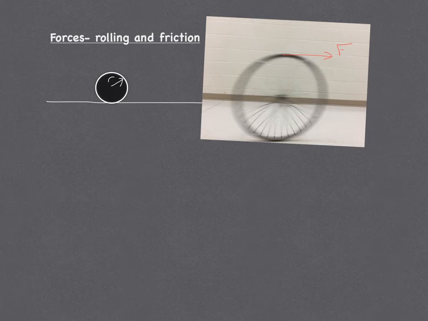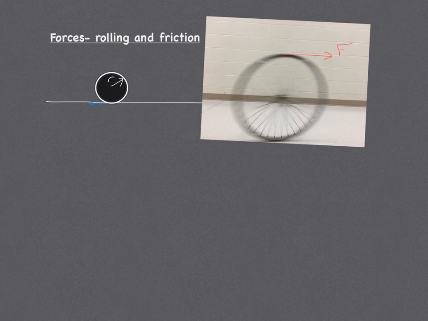If it's rolling at a constant speed, there is no frictional force. If there is a translational force driving the motion, then the frictional force is what's creating the torque to cause the rotation, and it's going to be caused from the friction on the ground acting backwards, right?